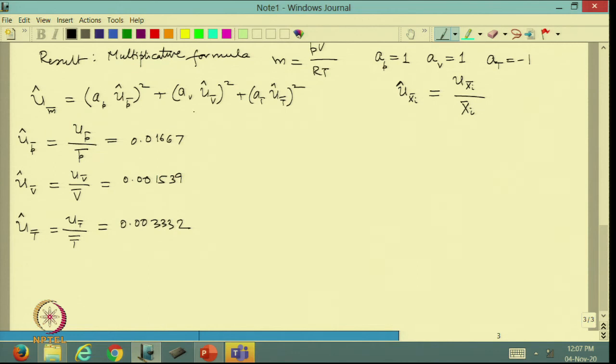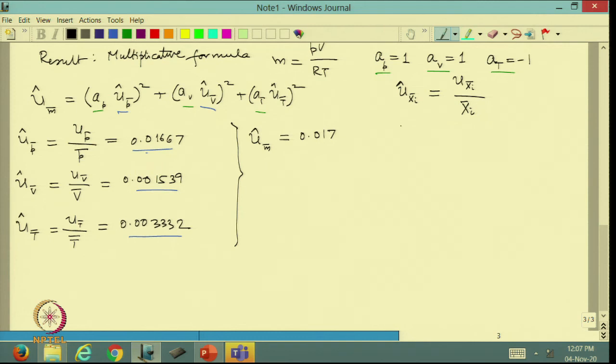Now that we have this, we can substitute these values in. We have the u hat bars which are coming here, and we have the a_P which are coming from here. We just substitute all of that, and when you do the calculation, we get u hat m bar as 0.017.